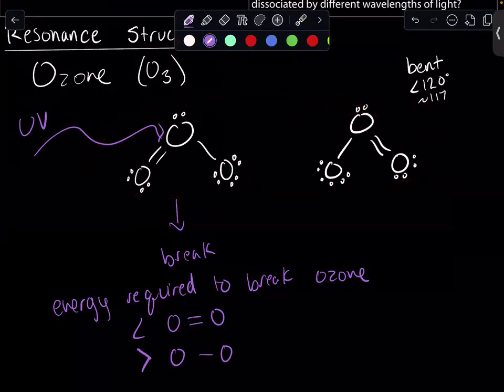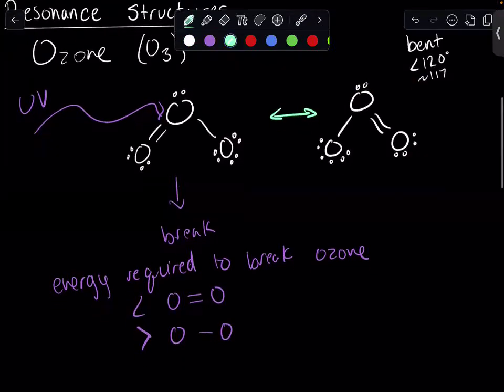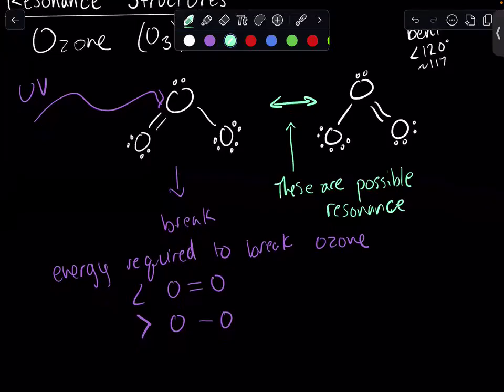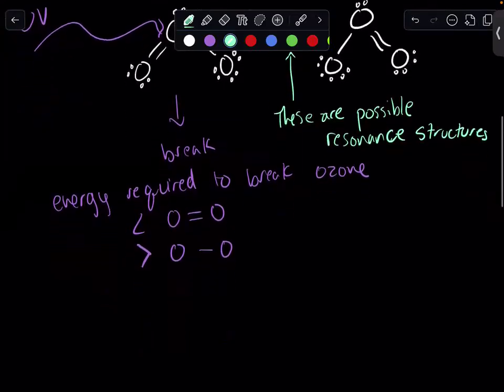What that means is that we will, one, use a fancy new type of arrow, this double-ended arrow, to represent that both of these are possible structures. In fact, this arrow means that these are possible resonance structures. And you may ask, well, what does that mean?